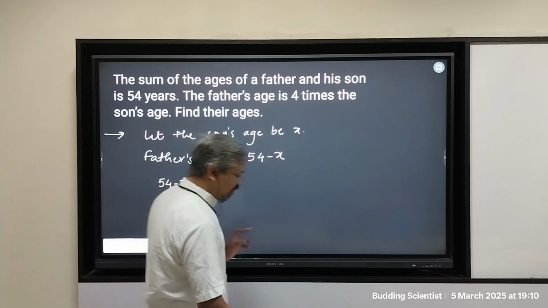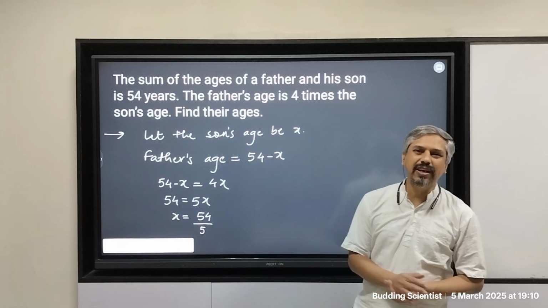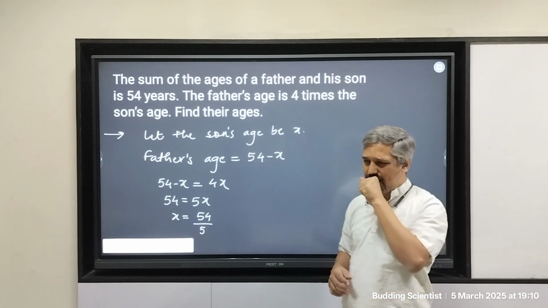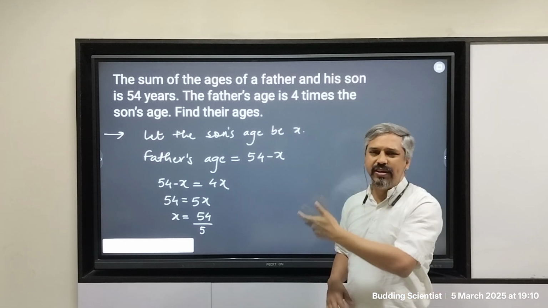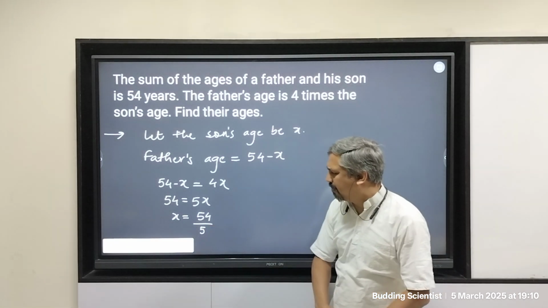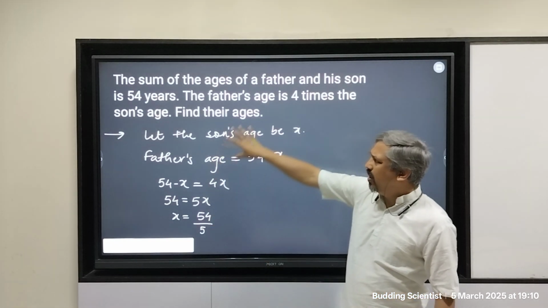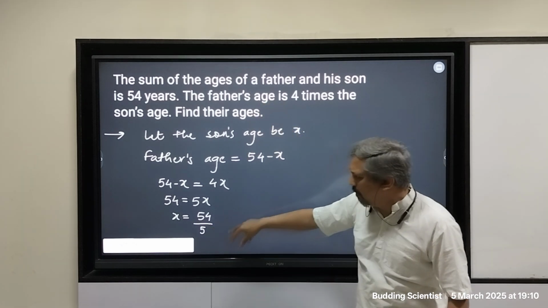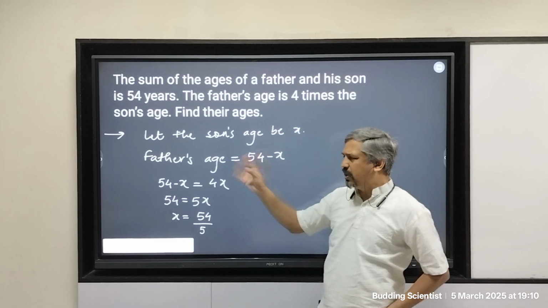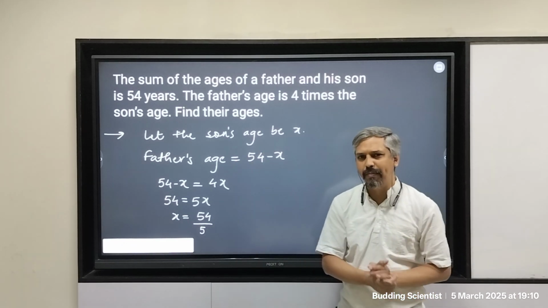So this is 10.8. 10 years and 0.8 year is 9.6 months or something. So the answer will be 54 by 5 years. Now we should not be getting ages in fractions actually, because most of the time the age problem will give us the answer in whole numbers.